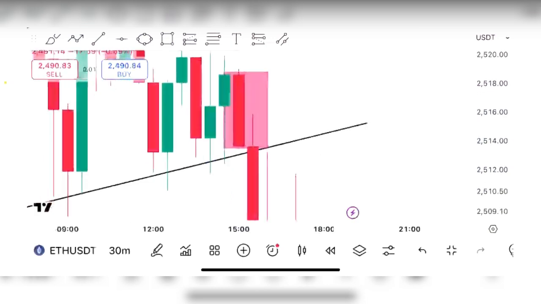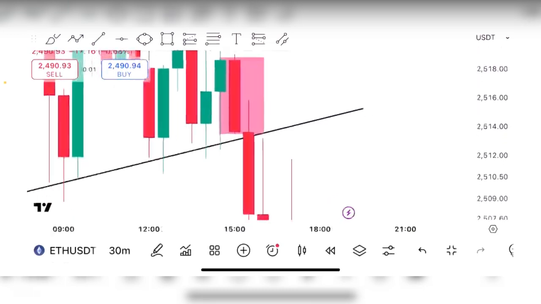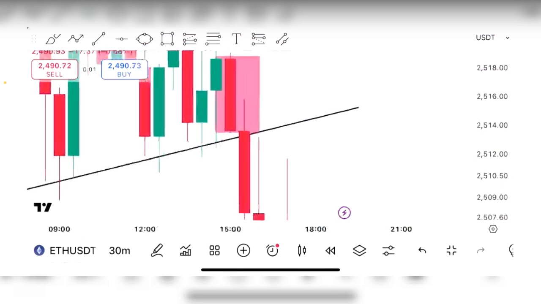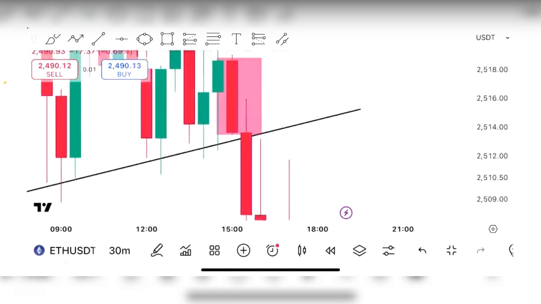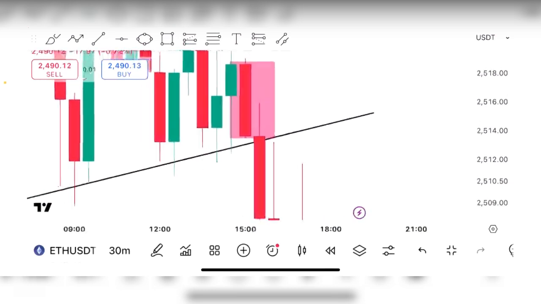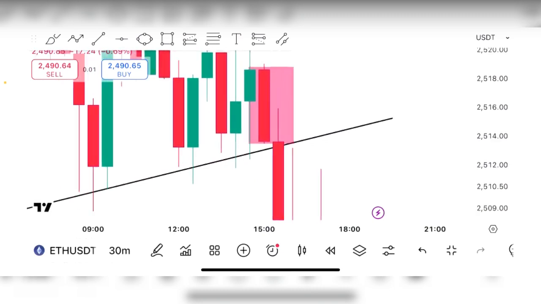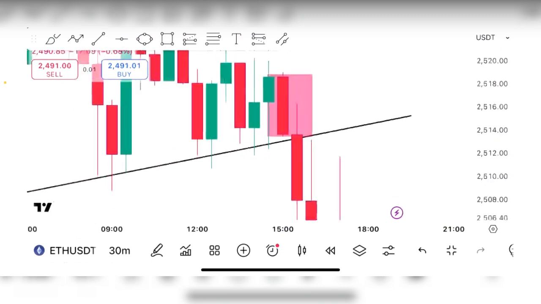You can see how the red candle engulfs the green candle, covers the green candle. So when I see this at my entry point, it is a confirmation that you can sell at this particular area. Don't just enter any bullish engulfing or bearish engulfing you see.